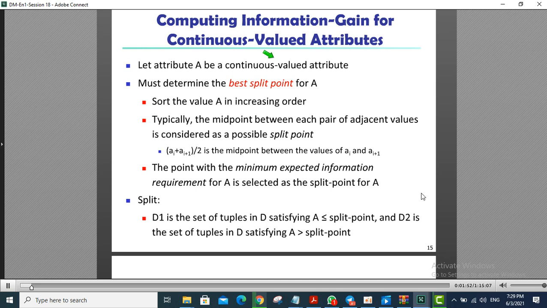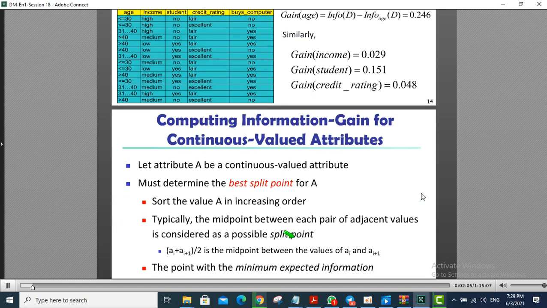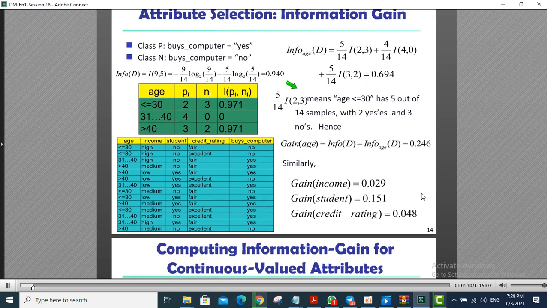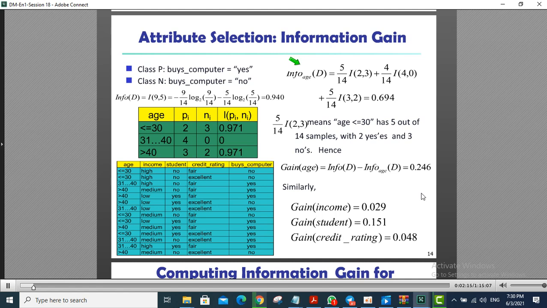In the last week, we talked about classification, and we also started to talk about decision tree approaches and classifiers, and we said how we can create an ID3 tree. ID3 is one of the first proposed tree classifiers.